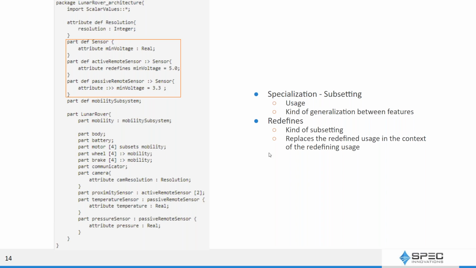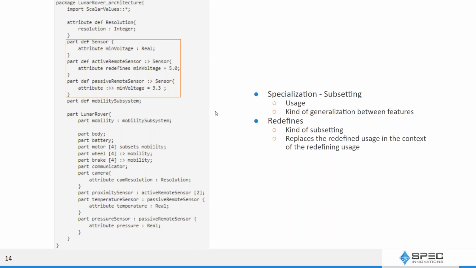So another kind of subsetting is redefines, which applies to usages and definitions. So a specialized definition can redefine a feature that would be inherited by the specialized definition.